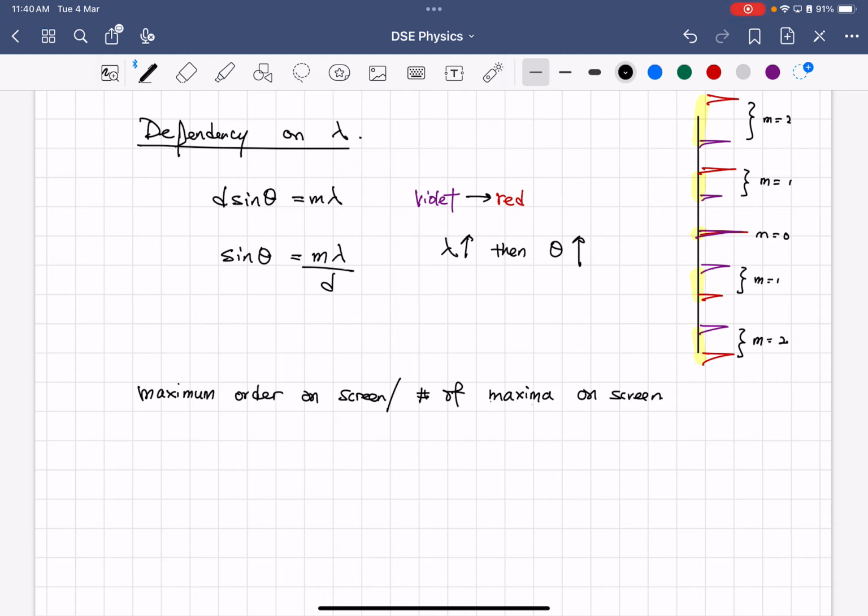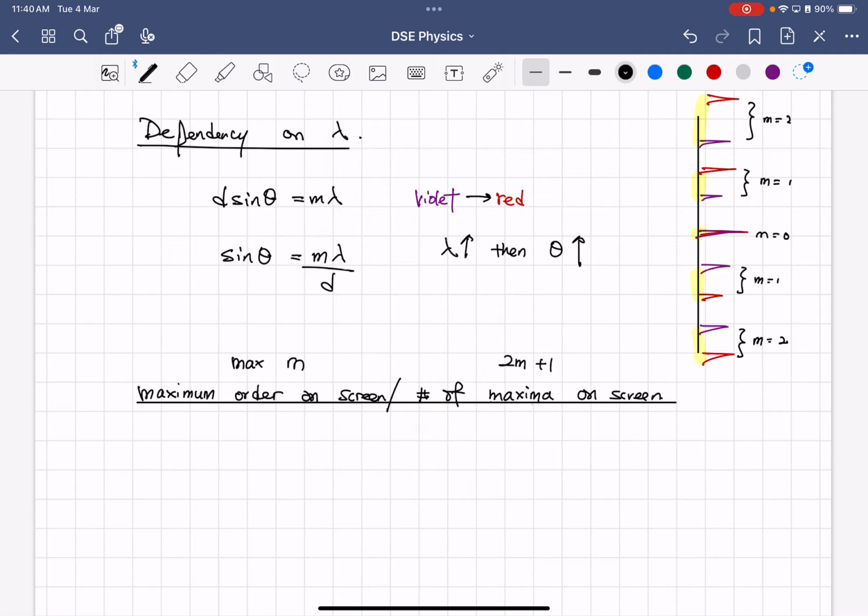Well, here, the maximum order will be the maximum value of m, while the number of maxima on the screen will be 2m plus 1. Because you always have the 0 order at the center, and then m equals 1 on both sides, m equals 2 on both sides, so 2m plus 1.